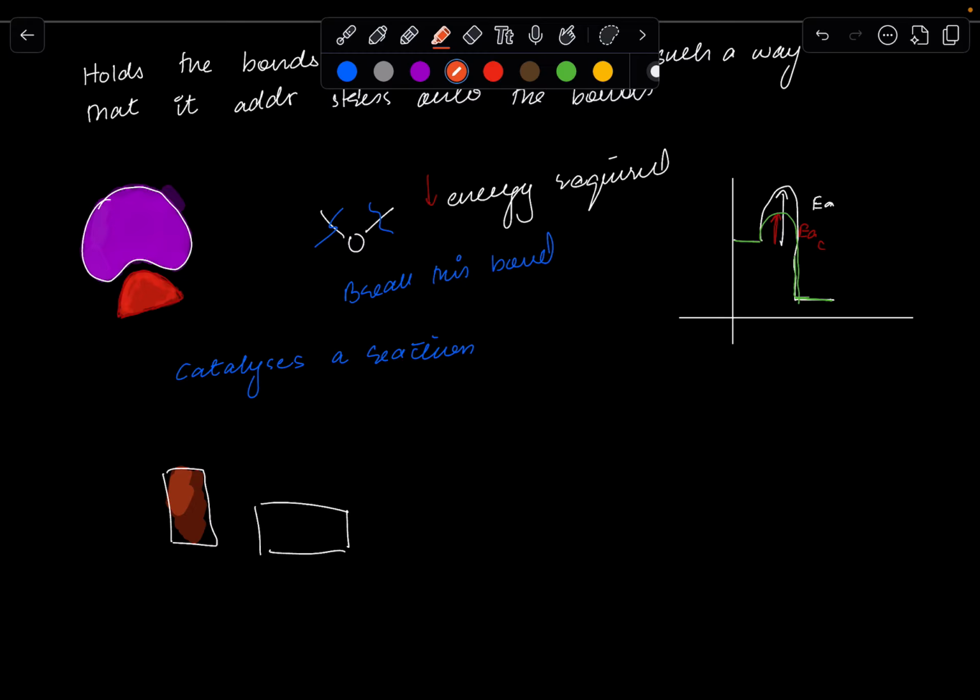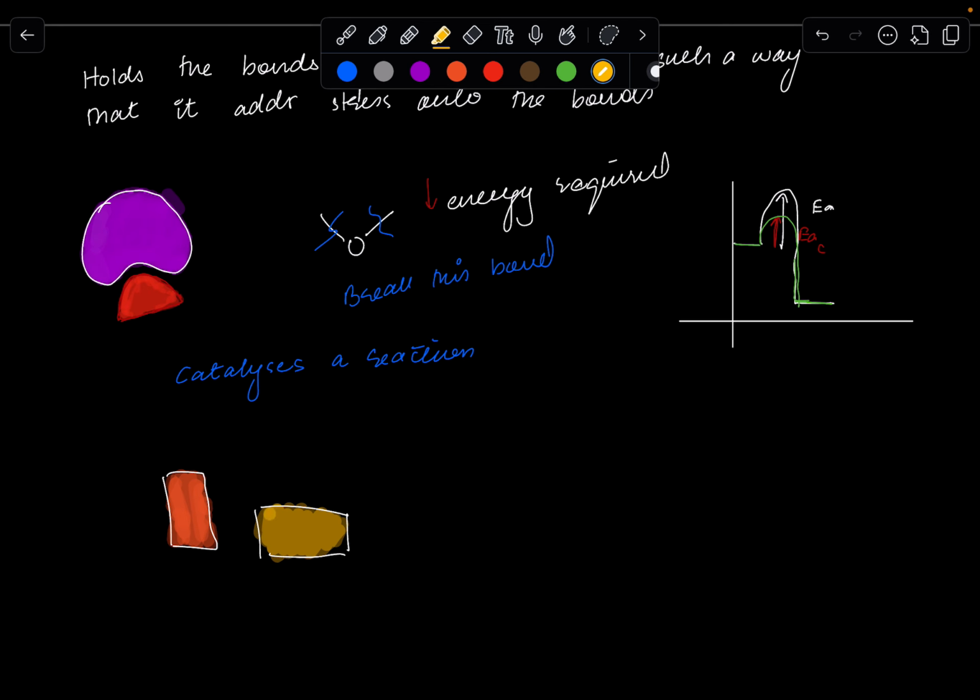right? And so what we need to understand right now is, okay, I get it. There's a few steps to this. Step 1 is the substrate binding to the enzyme. Step 2 is the enzyme substrate complex being formed. And then step 3, which is what we see now, is the products forming.